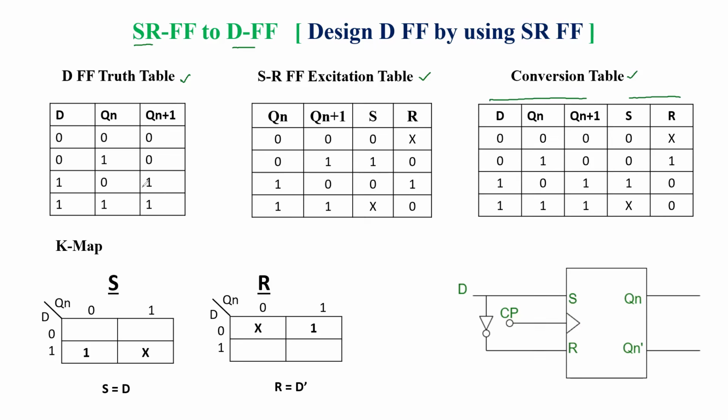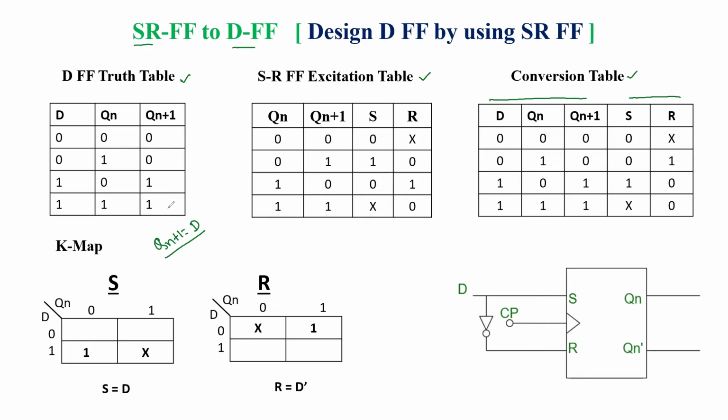And if someone still has doubt on how to write the truth table of the D flip-flop, in case of D flip-flop, always keep in mind that Qn plus 1 is D. Since it is the transparent flip-flop, whatever input we give is going to appear in the output.